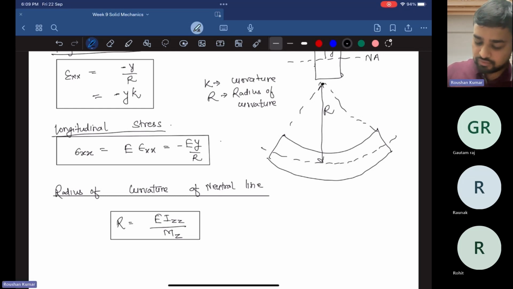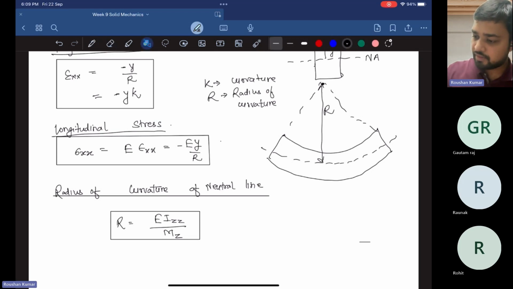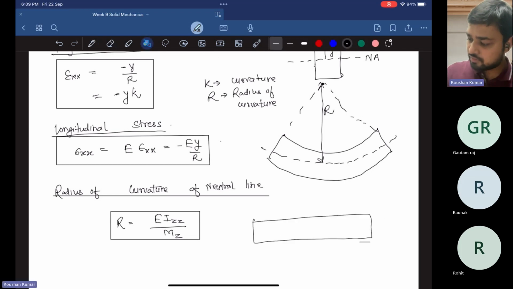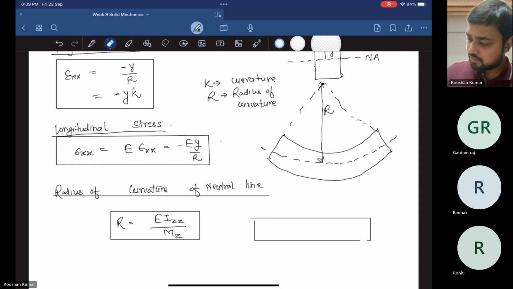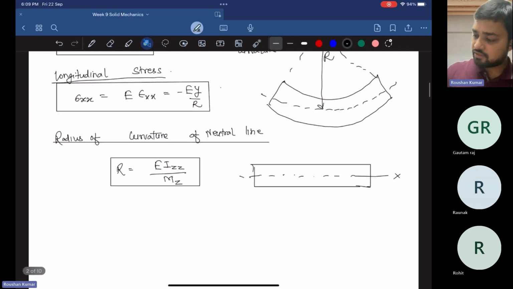Suppose this is the beam, and the beam axis is along the x direction.